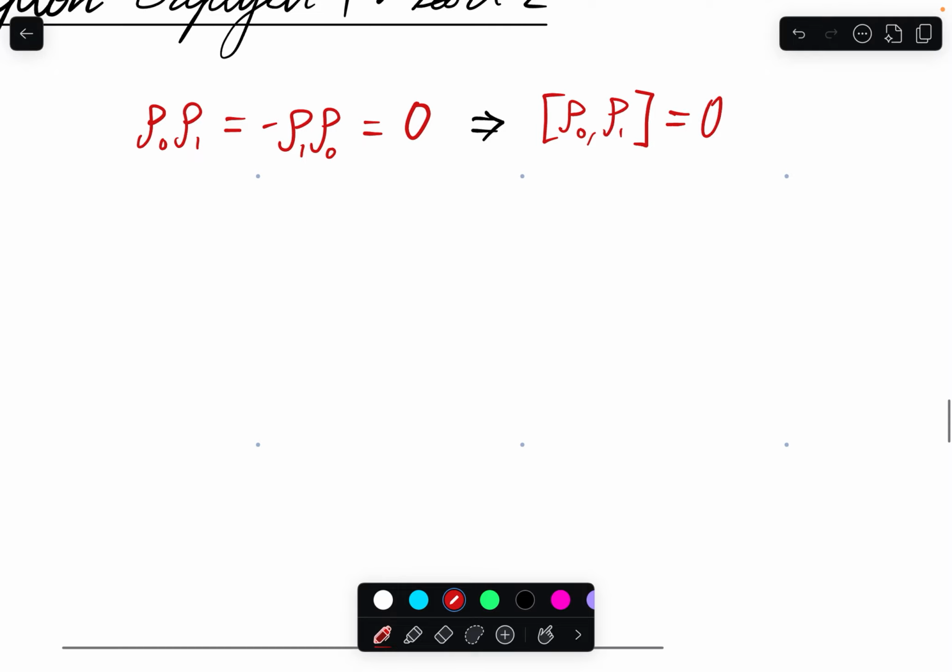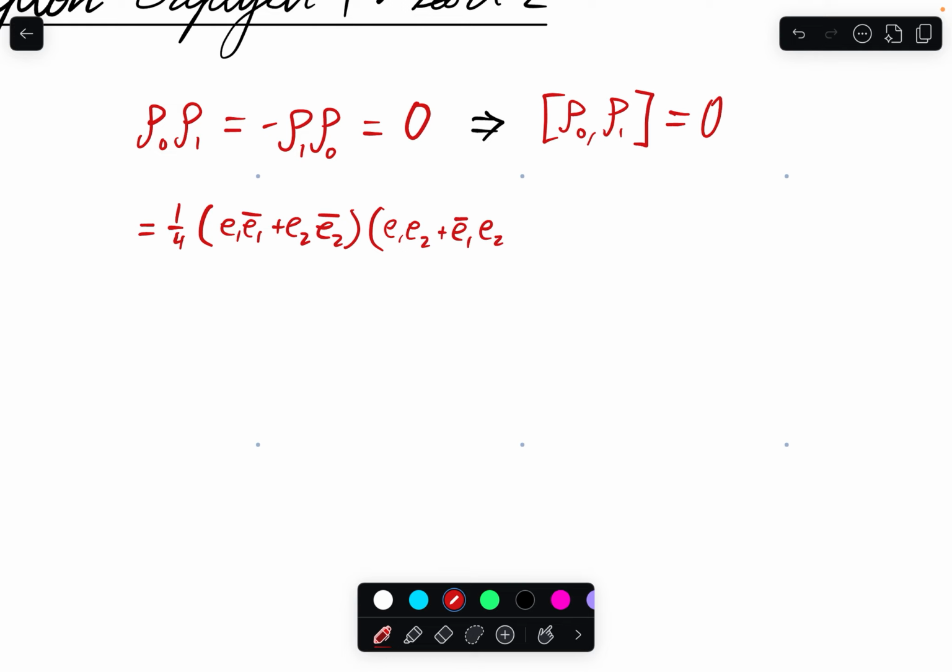So just to prove real quick, we know that this is equal to 1/4 times (E1 bar plus E2 bar) times (E2 plus E1 bar E2 bar).